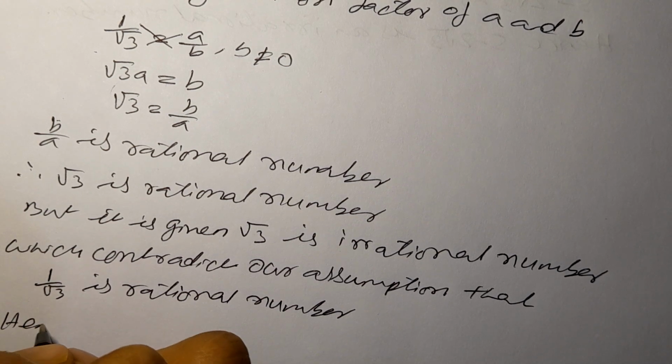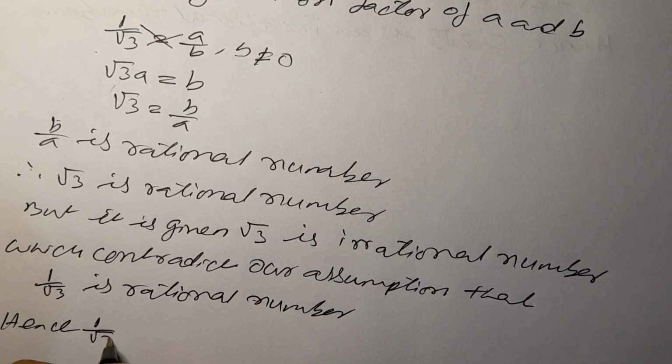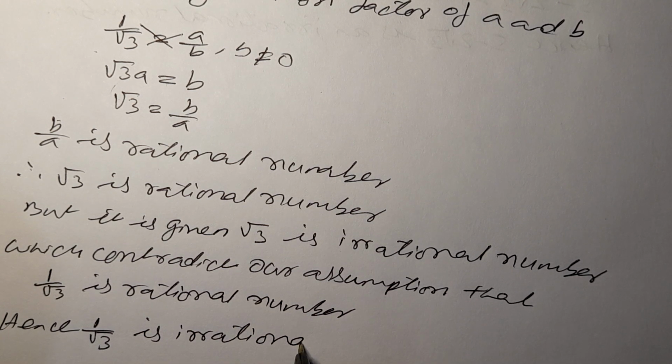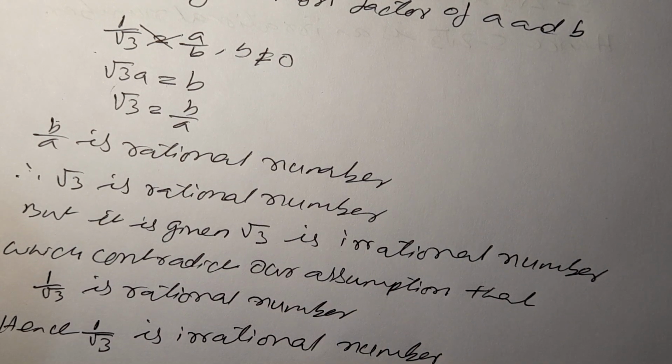Hence 1 by root 3 is an irrational number.